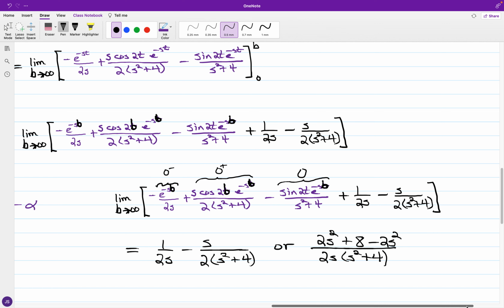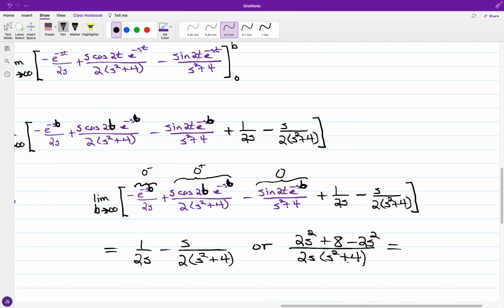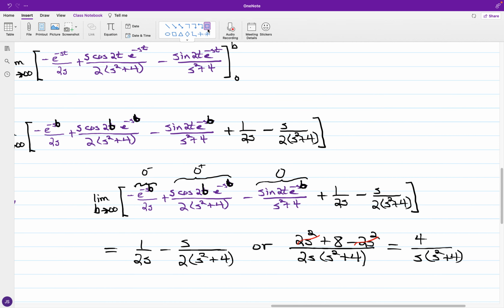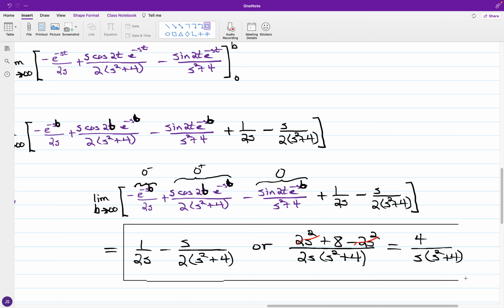And notice with the even coefficients, 2s squared and negative 2s squared are going to cancel out, and with 8 over 2s, this will be reducible to 4 all over s times the quantity of s squared plus 4. So these are two ways that you can express the result for the Laplace transform.